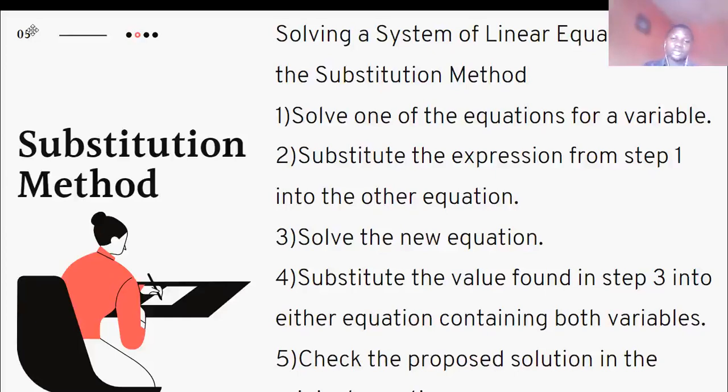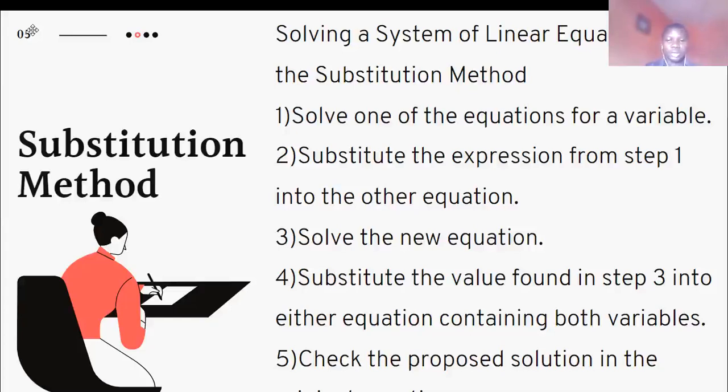The first thing you have to do is make one of the unknown variables, the unknown value that we are looking for, the subject of the formula.